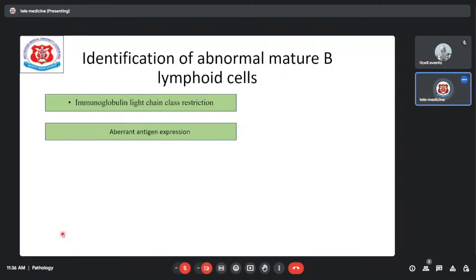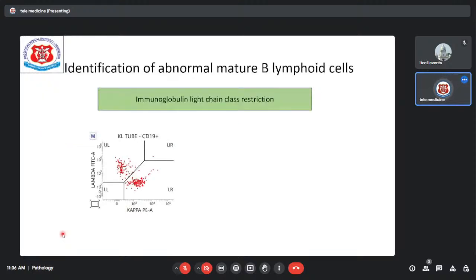The next thing is immunoglobulin light chain. Some of the B cells are kappa positive and some are lambda positive. You can make out from this plot a kappa positive and a lambda positive population. This is called a reactive or polytypic population, with a kappa to lambda ratio of 1 to 2.